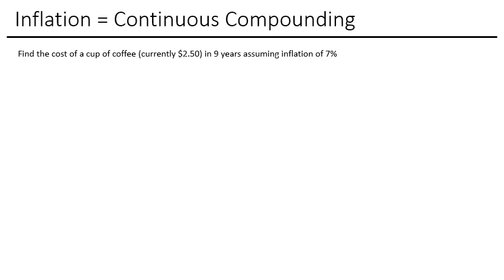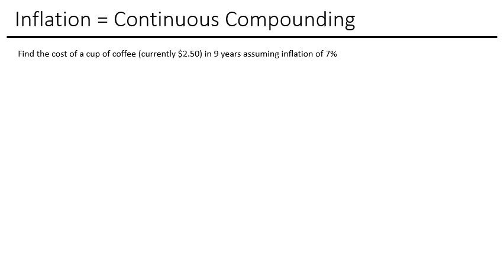Okay, the last one we're going to look at is you've got some questions that talk about inflation. Inflation is just another term for using continuous compounding. And so I just took one of the simple examples here. Find the cost of a cup of coffee, which is currently $2.50, in 9 years, assuming inflation of 7%.